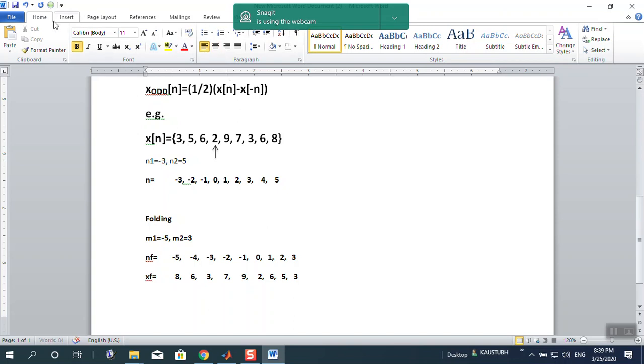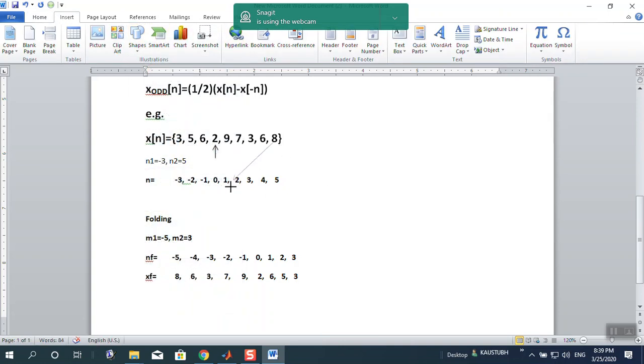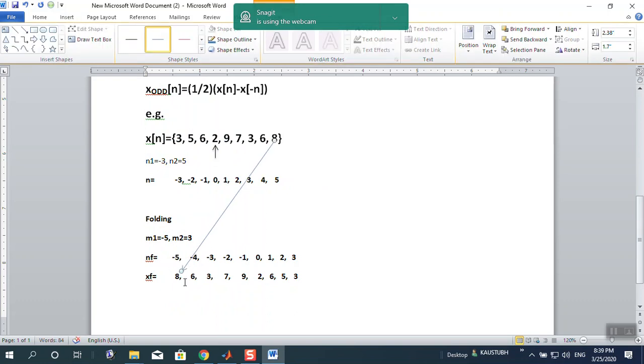So how is it? This 8 comes here. Then this 6 comes here. Then this 7 comes, this 3 comes here.